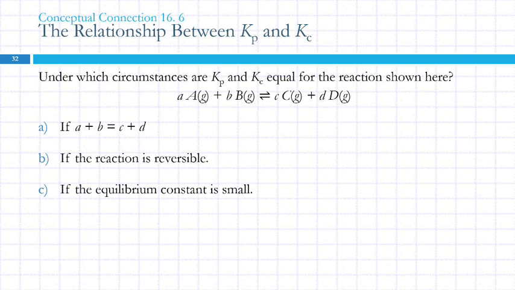No. When we're doing an equilibrium, we're always looking at reversible reactions. Does it matter if the equilibrium constant is small? No. Well, what does this mean? This means the total moles of gas products is equal to the total moles of reactant gases, so delta N is 0. So that's when they're the same. Any questions?